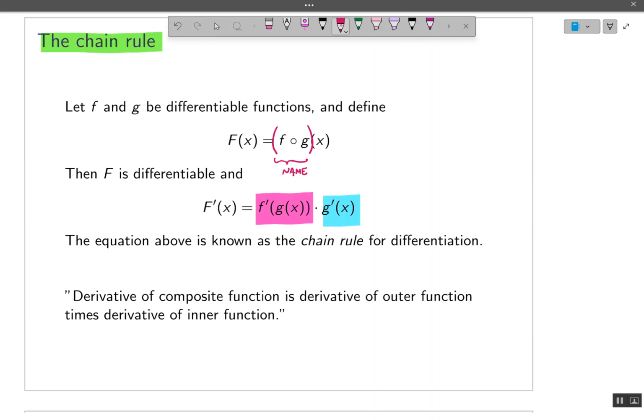Okay, so now the derivative of big F of x is going to be, let's label this, this thing in pink here is the derivative of the outer function with the original input times the derivative of the inner function.